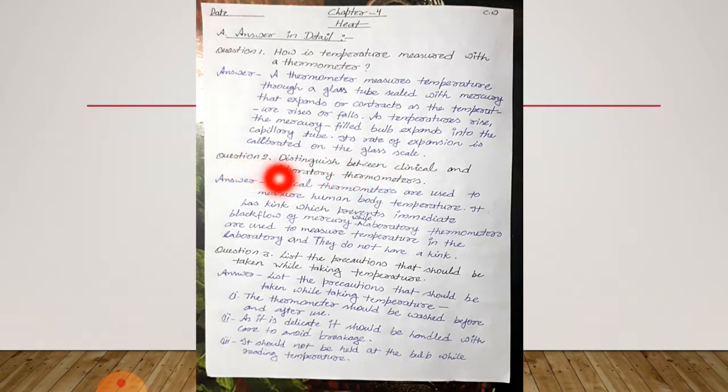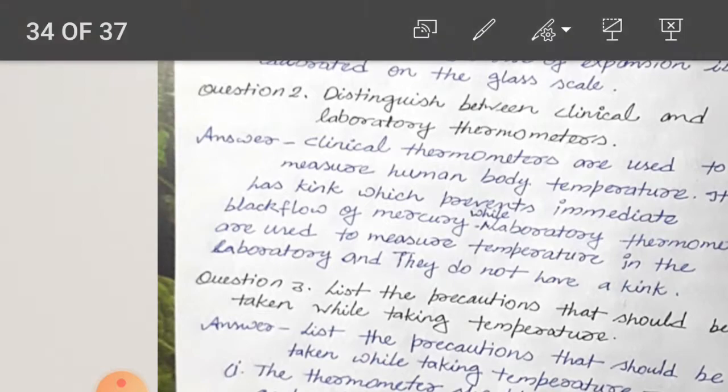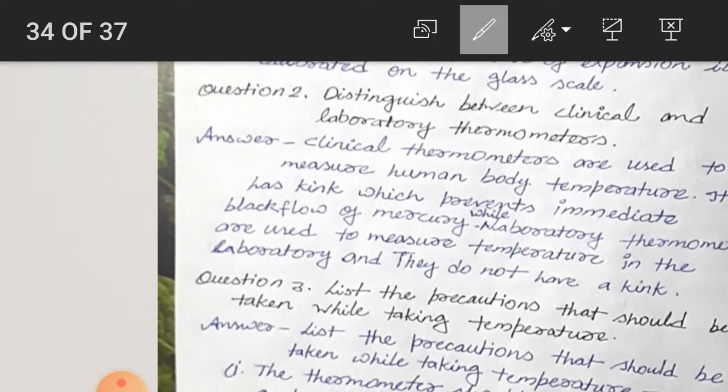Now question 2. Distinguish between clinical and laboratory thermometers. So its answer: clinical thermometers are used to measure human body temperature. It has a kink which prevents immediate backflow.